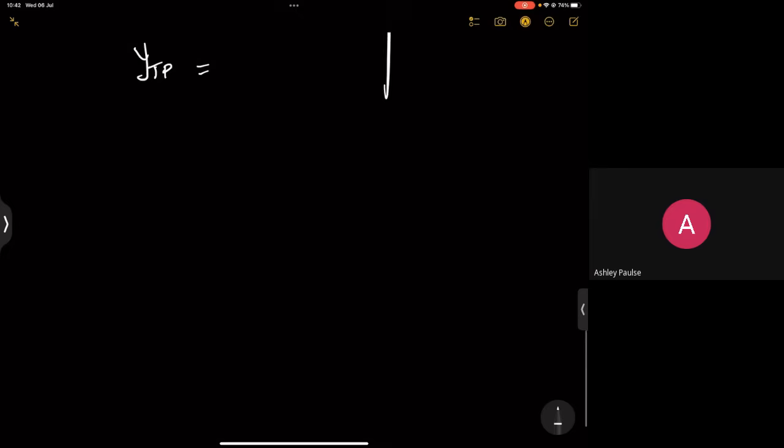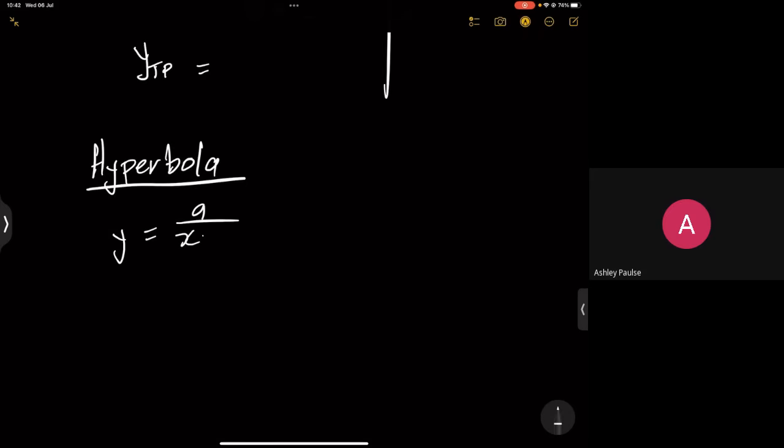Now, let me talk about the hyperbola quickly. The hyperbola in this case is a graph. Usually we've got the expression a over x minus p, plus q. Please, I want you to listen very carefully.